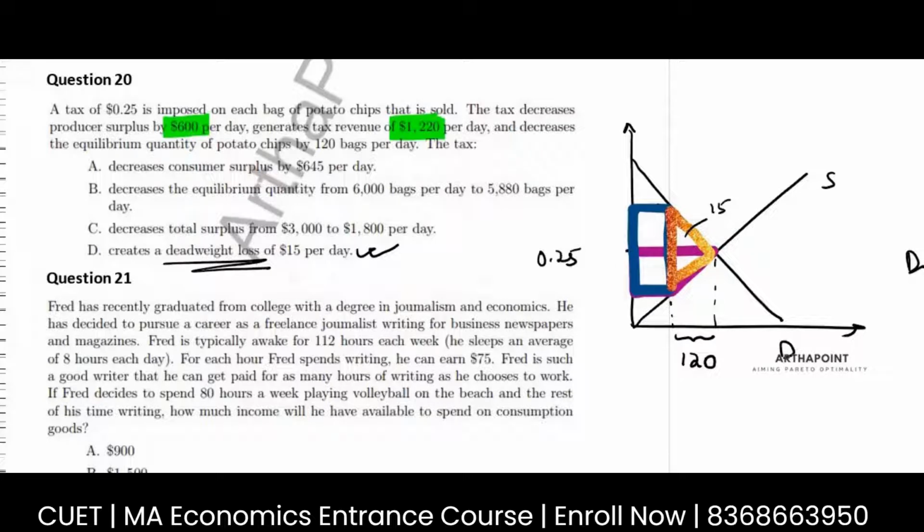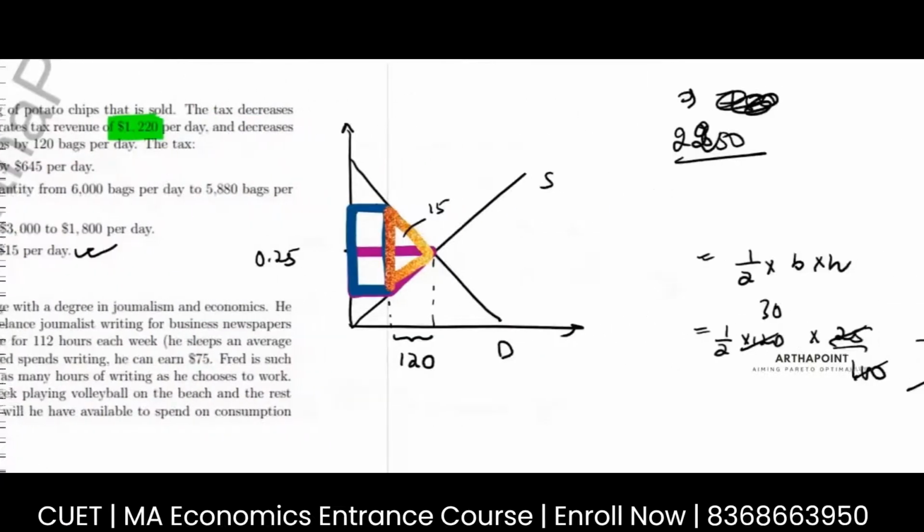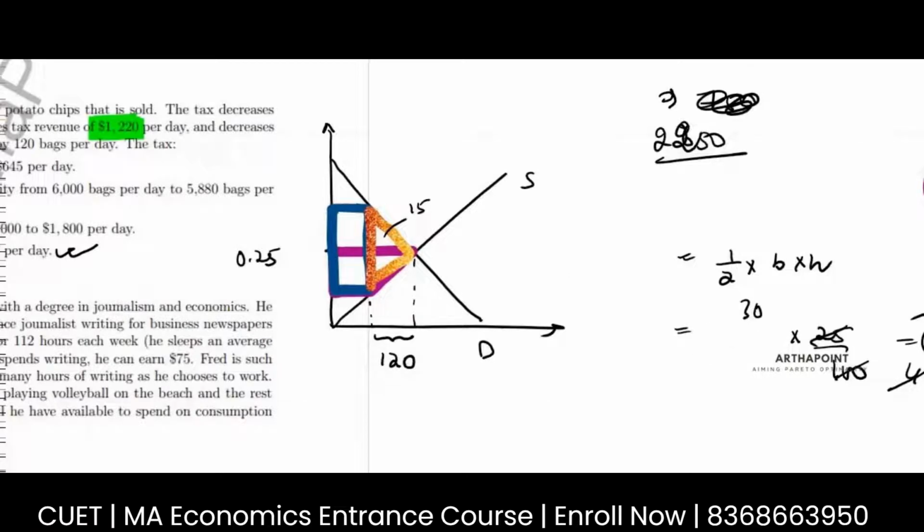Suppose I ask you, just quickly try this. What is the decrease in the consumer surplus? Do it yourself. What will be the decrease in consumer surplus? So you have to go ahead and find this area. Just try and find this once.